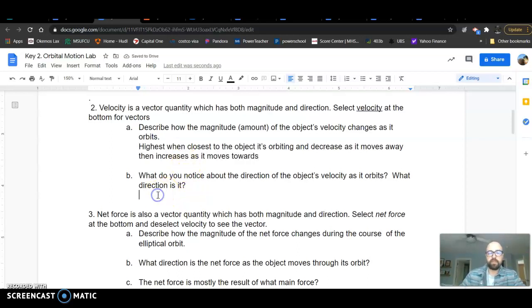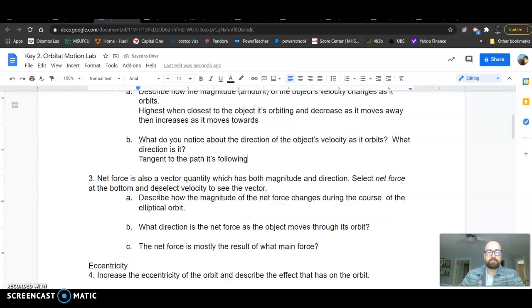And then the direction of this is always tangent to the path it's following. So if it were to suddenly go out of orbit, it would move in a straight line away from that.